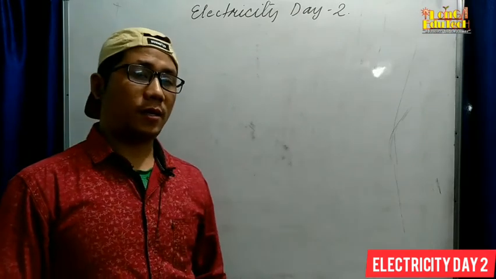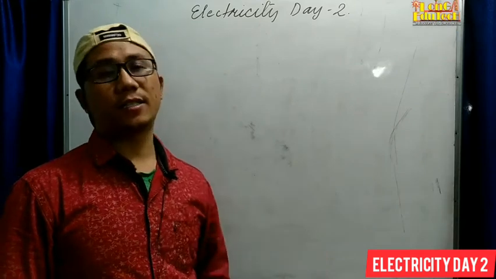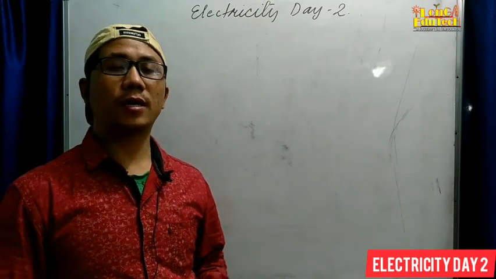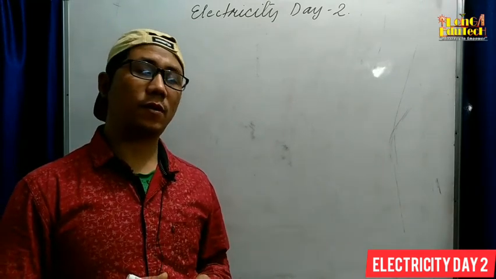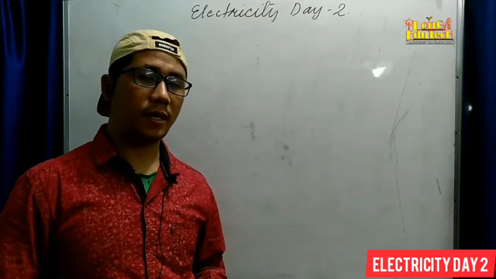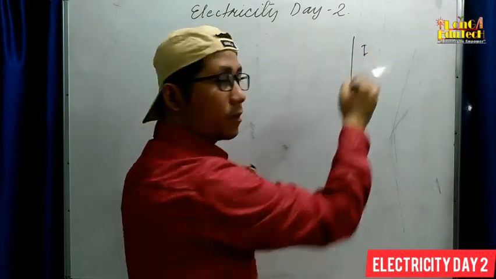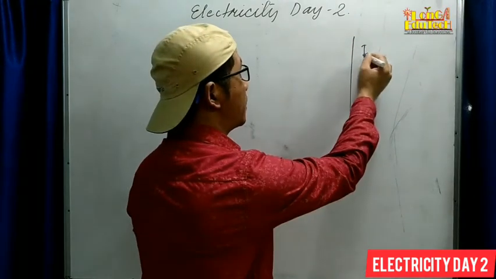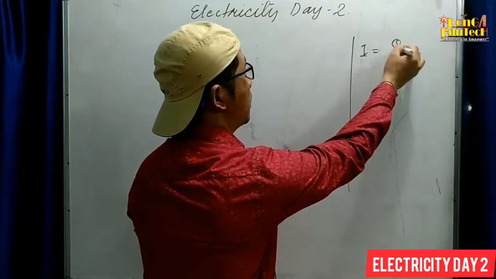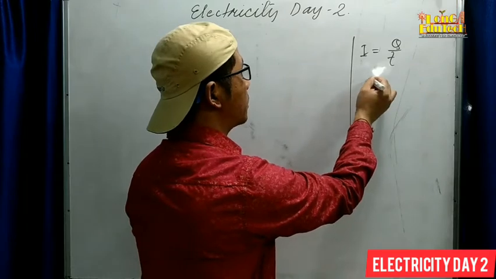Before, we already learned about electric currents and potential difference. So let us highlight some of the important points now. Here we know there are some equations we developed before: the current, denoted by I, is equal to the charge divided by time, that is, the amount of charge by time.